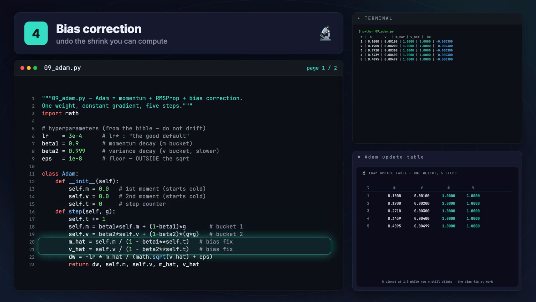The 2 correction lines, the heart of the episode: M hat is M over 1 minus beta 1 to the t, and V hat is V over 1 minus beta 2 to the t. On t equals 1, the denominators are 0.1 and 0.001, the exact shrink factors from the concept scenes. These 2 divisions are the entire difference between broken early Adam and the Adam everyone actually ships.